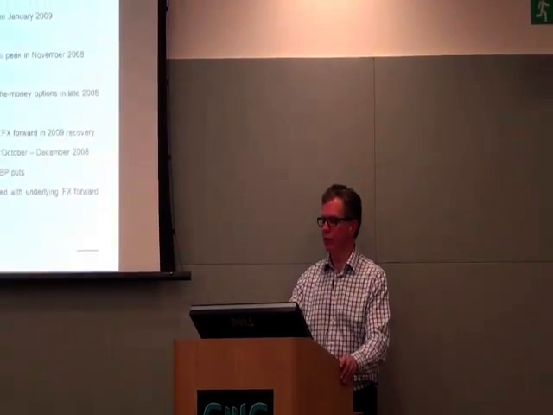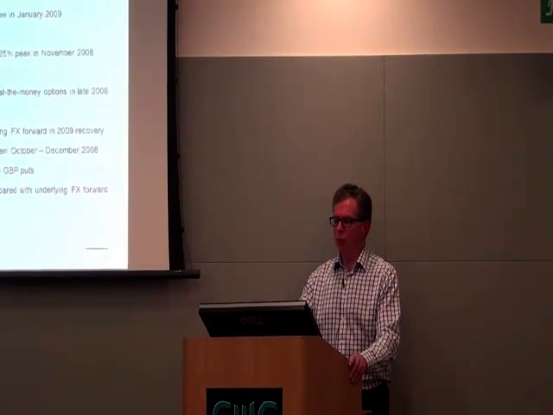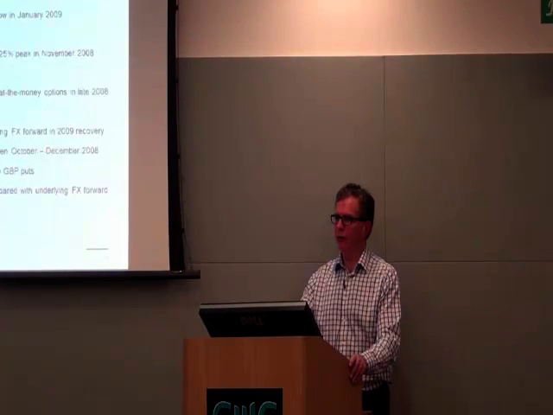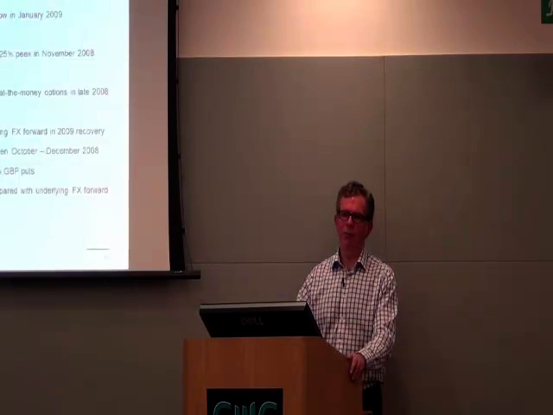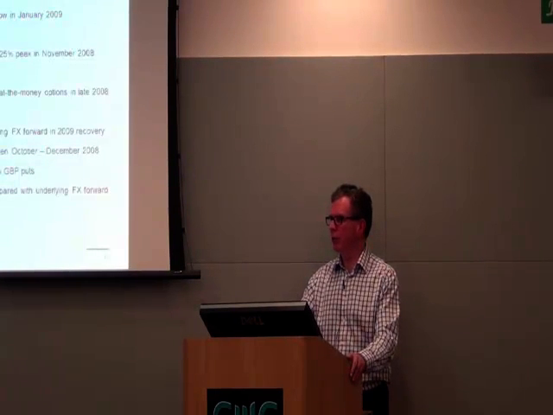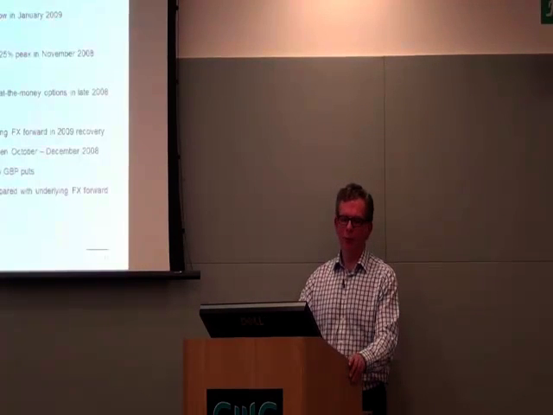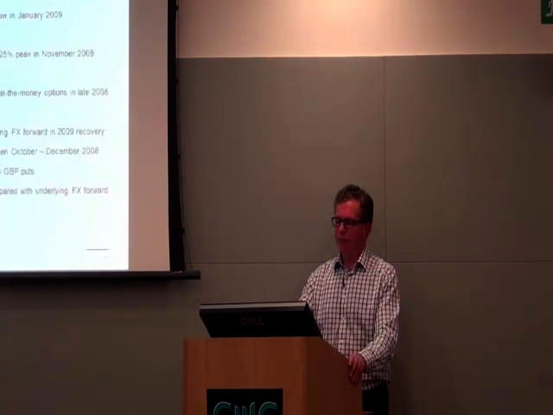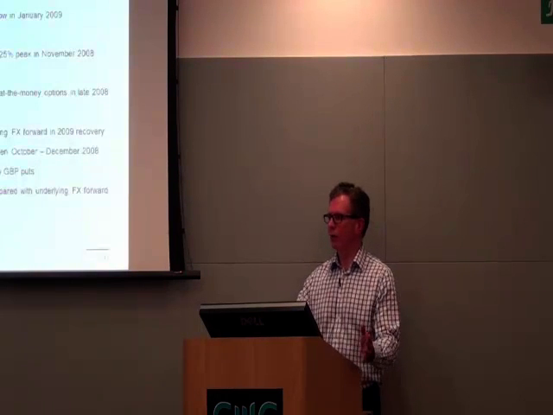When sterling then began to rally in 2009, really up until June 2009, there was still better value to hedge the upside. Rather than buying just a 3-month forward, there was better value in buying upside protection using risk reversals than using forwards. What do I mean by better value? Well, you could just buy a sterling call and sell a sterling put, so 25 delta.